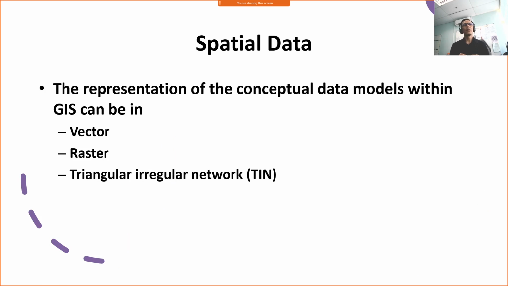So when you present spatial data, you present it as vector, and vector can have points, lines, and polygons, and you can also have raster, for example rainfall, temperature.